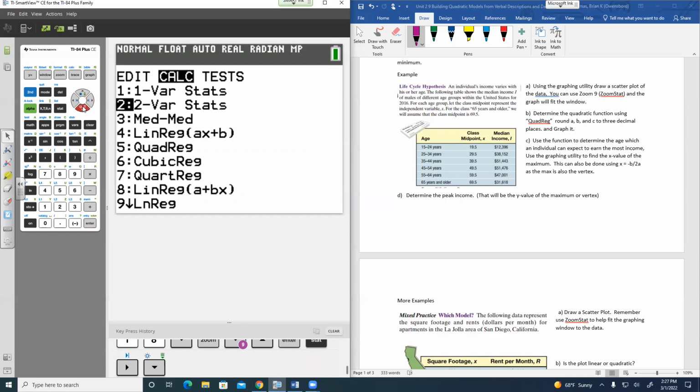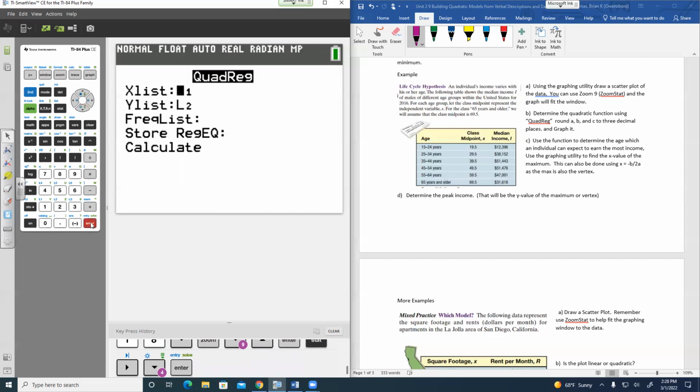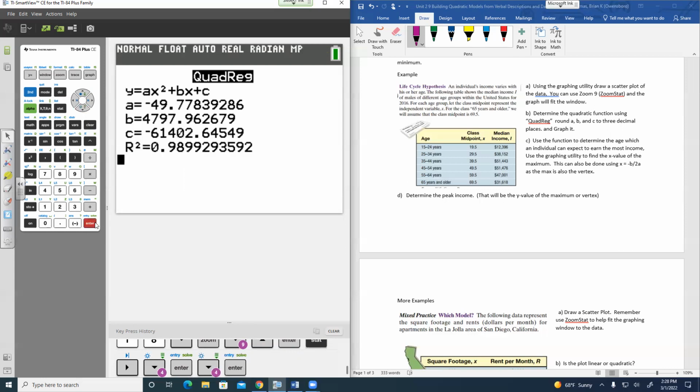And right below the linear regression, we're seeing quad regression. So this is supposed to create the function for this problem since it does look quadratic. So I hit enter there, and then we're using L1 and L2. Now that stuff has to change. So hit calculate there. And we're just focusing on the A, the B, and the C.